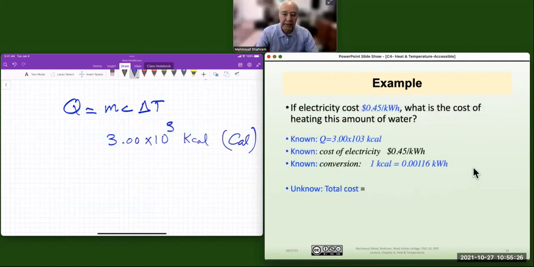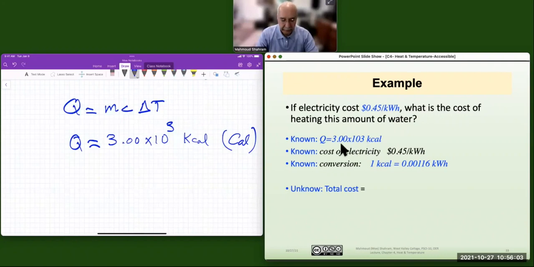So now let's say you want to heat this with electricity. The utility company is charging us 0.45, or 45 cents, per kilowatt hour of energy. So we want to find out how much it costs to heat that bathtub. We know Q is that much.